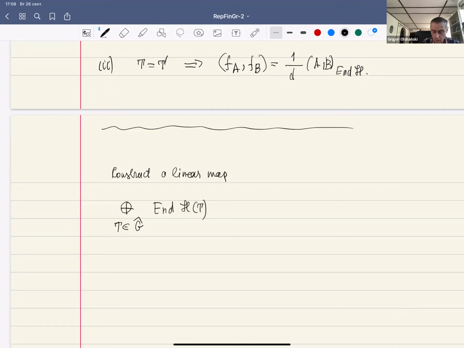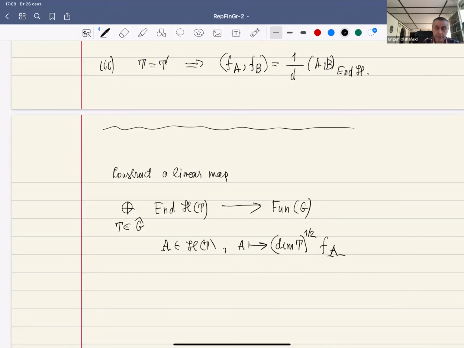And we map it into the space of functions on G, just as follows. If A is in one component, in some H of T, then A is mapped to the square root of the dimension times the corresponding generalized matrix elements.